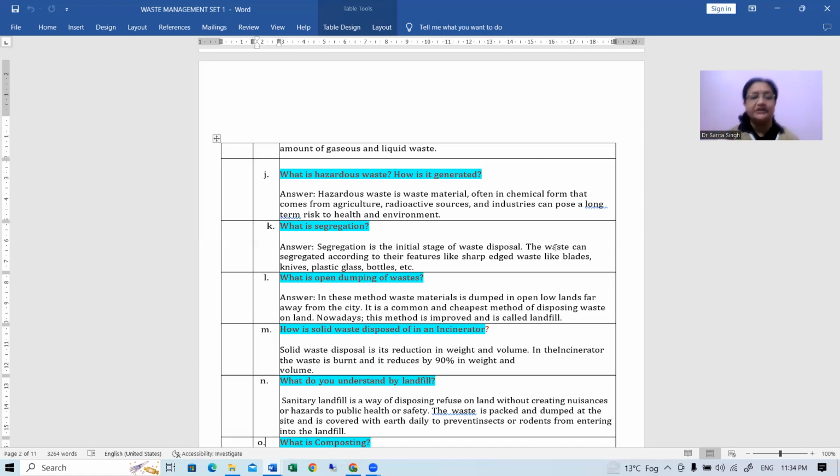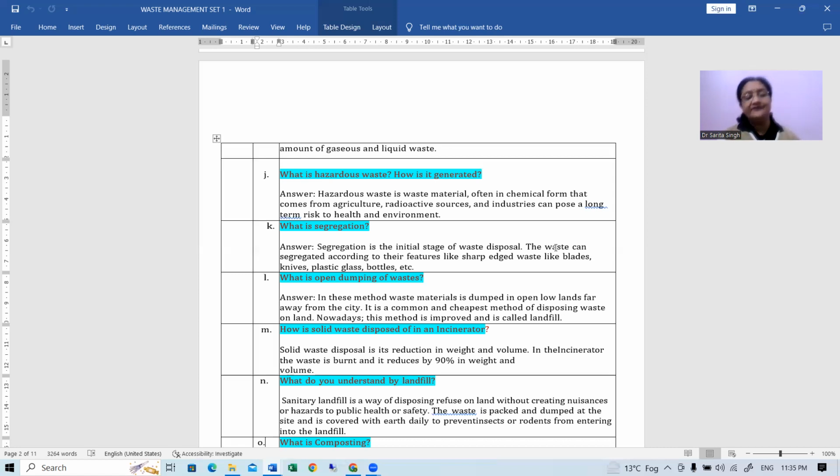The air gets polluted because of the foul smell. Then several diseases can be found as a result of various carriers, right? Flies, mosquitoes and various insects grow up there, and rats and all. So it works as a breeding ground for all these vectors which carry the diseases.